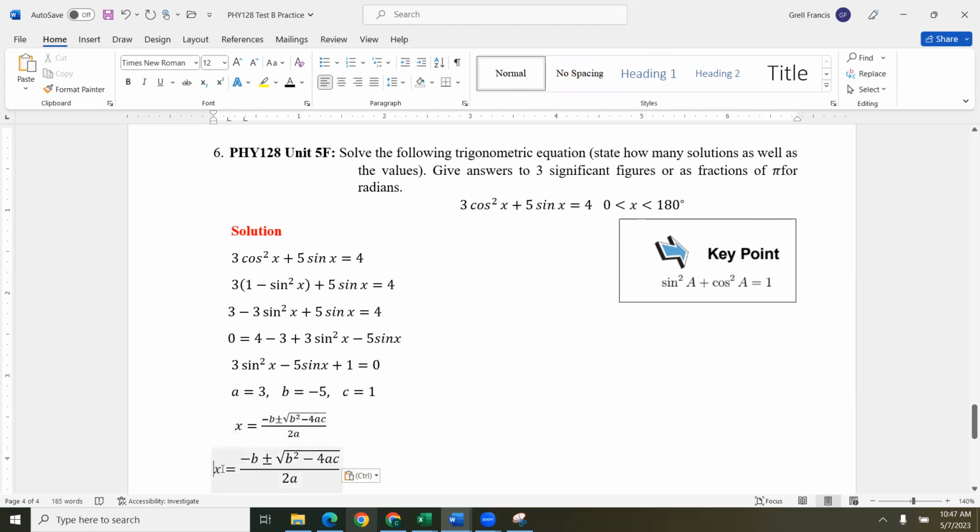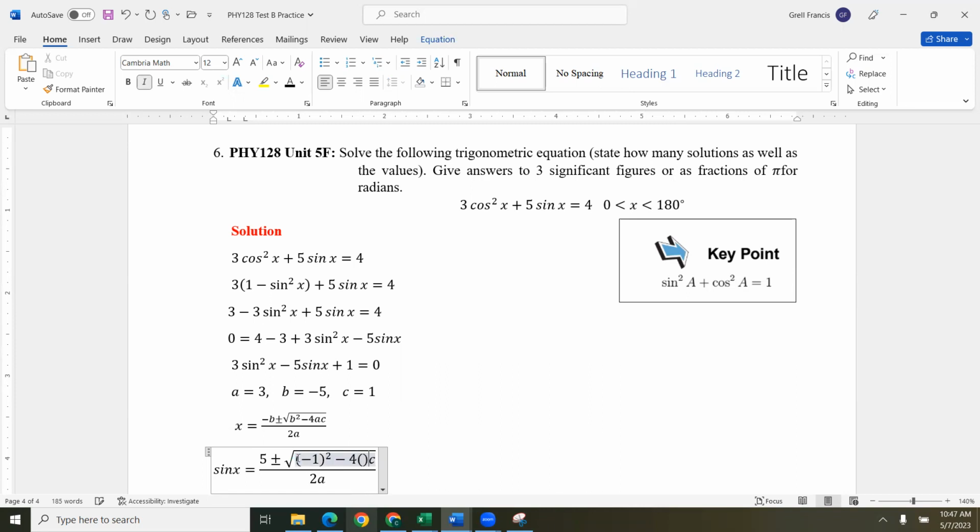So sine of x is equal to minus b, minus 5, that will be plus 5, plus or minus the square root of 5 squared, minus 4 times a, which is 3, times c, which is 1, all over 2 times a, which is 3.